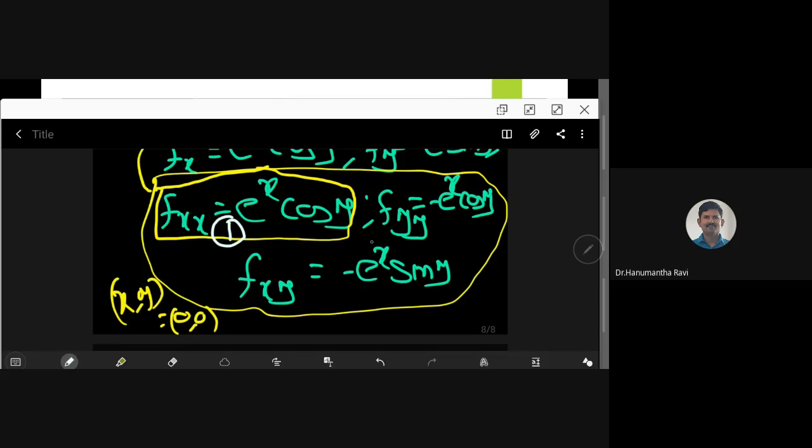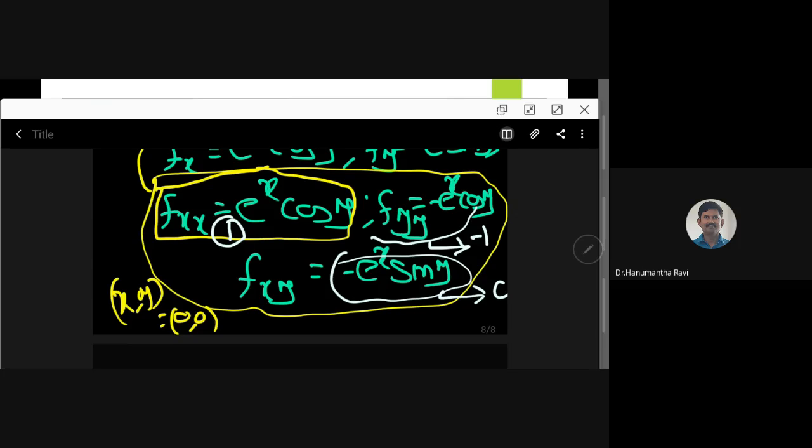And this becomes cos 0 is 1, e^0 is 1, so it becomes minus 1. While this becomes sin 0 is 0, so it becomes 0.